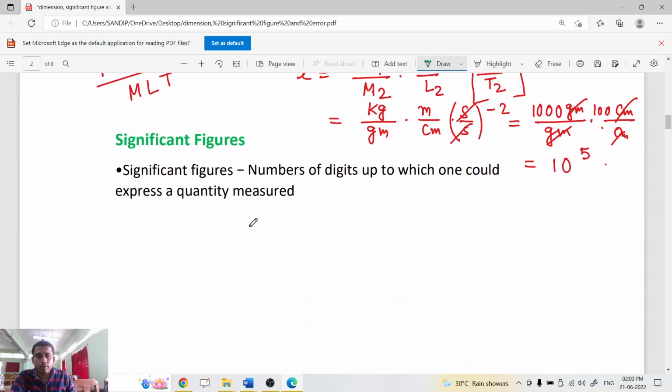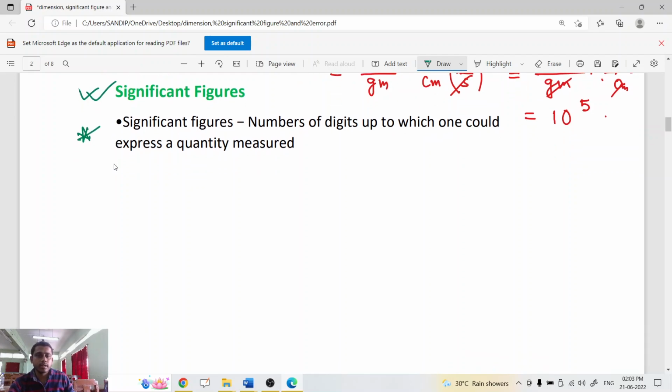Now we move to our next part, that is significant figures. So at first, what is the definition of significant figure? Actually significant figure means the number of digits up to which one could express a measured quantity. Okay, suppose we take different cases.